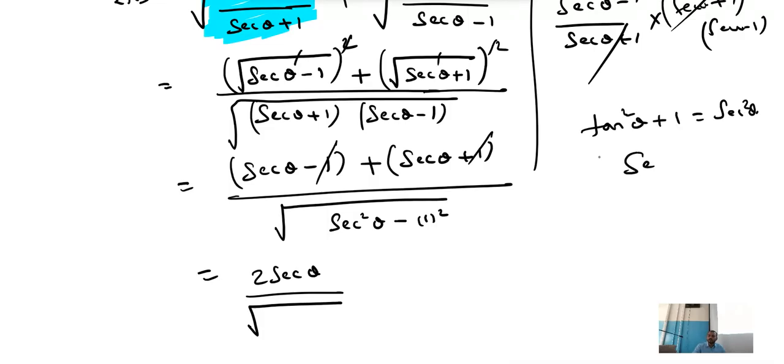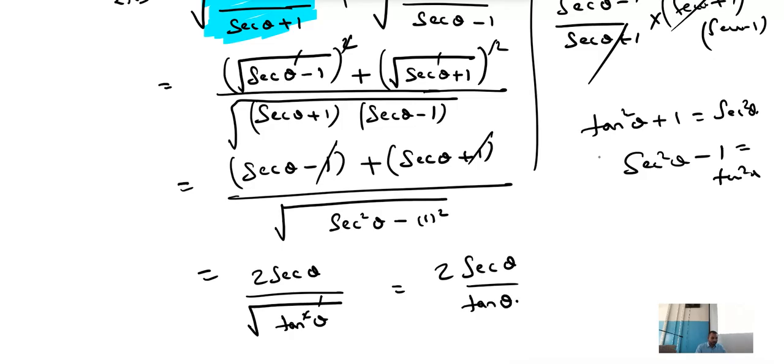Now secant square theta as it is, plus 1 इधर आया तो minus 1 is equals to tan square theta. Now secant square theta minus 1 can be written as tan square theta. Square and square root get cancelled. So left out is 2 secant theta divided by tan theta. Correct?